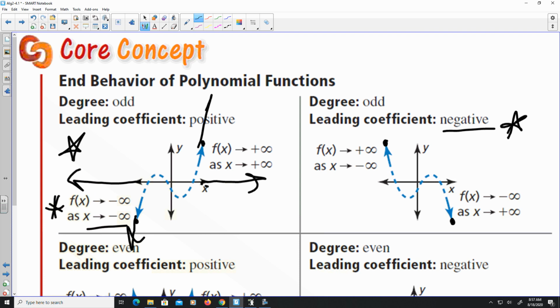So that means f of x is at positive infinity as x is getting larger in a negative sense, and as it finishes, as x is getting to positive infinity, f of x is going downward to negative infinity. So that's what happens when a function has an odd lead degree and is either positive or negative.